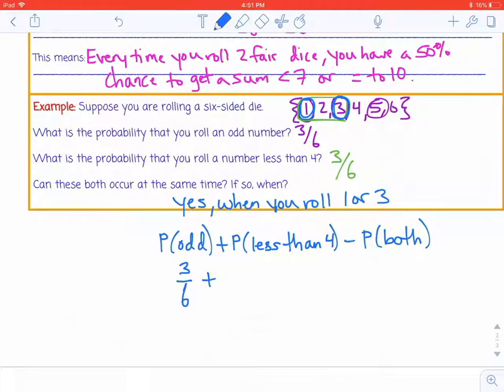The probability it's less than 4 is 3 out of 6. And we had 2 numbers that were in the category of being odd and less than 4. So we have to subtract 2 out of 6 for that. And say 3 plus 3 minus 2 would be 4 out of 6, or 2/3, or 66.7%.